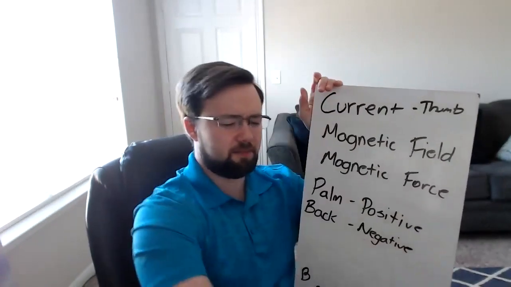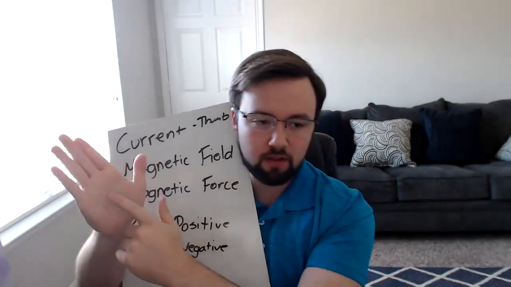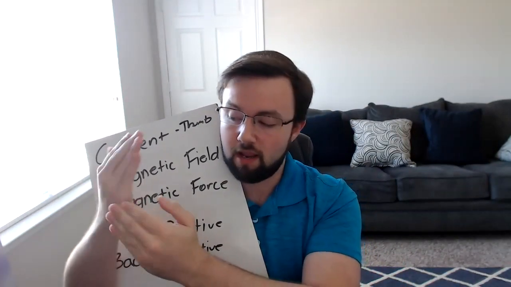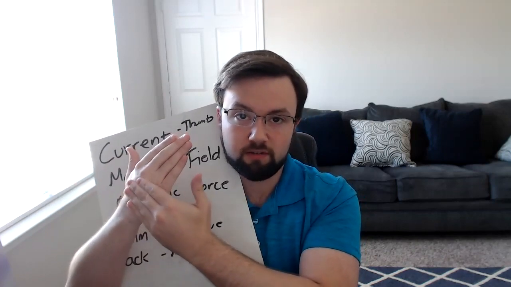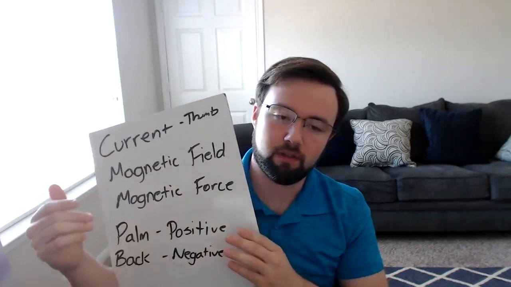And by that, what I mean is wherever your palm is pointing is going to be the direction of the magnetic force on a positive charge. And wherever the back of your hand is pointing is going to be the direction of force on a negative charge.